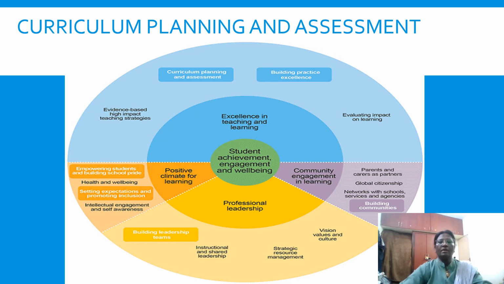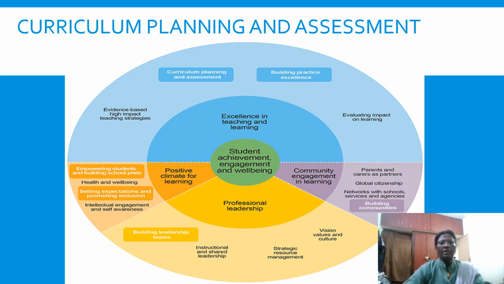And building for the practice of this research in evaluating the importance of this learning, and parents and carers as partners, curricular credits, and the vision and values of the culture.